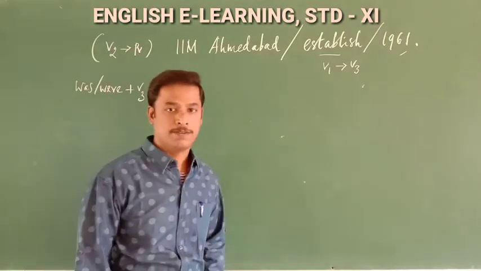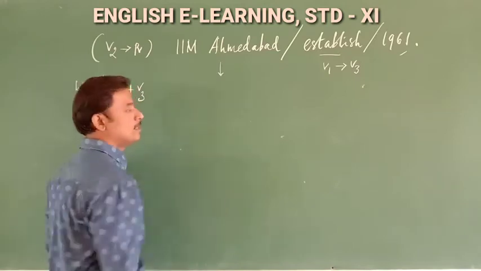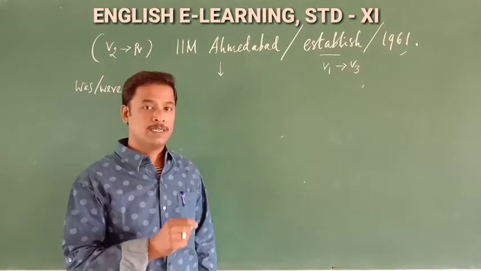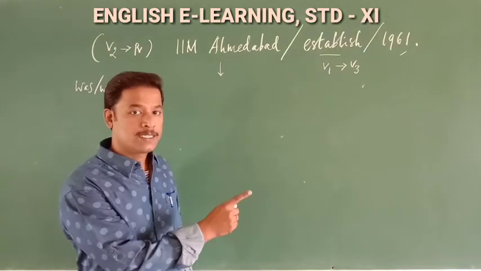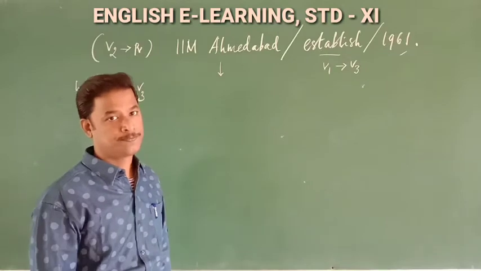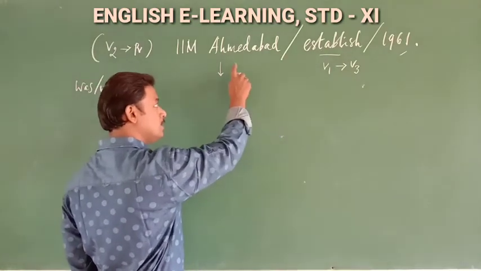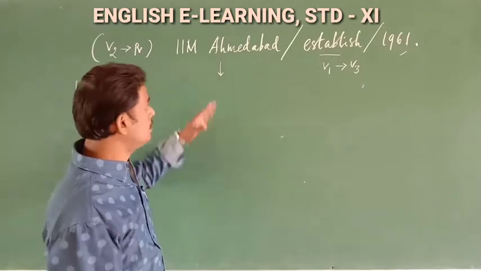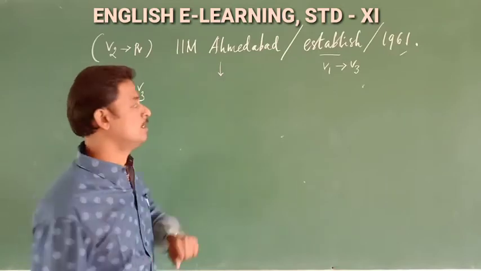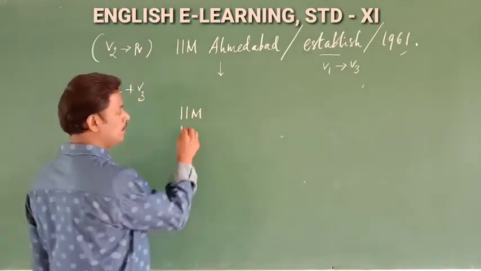Write the subject, and before that analyze this sentence whether the subject does the action or the action is done to the subject. Okay, this action is done to the subject. Now this IIM, this subject is going to do this action, isn't it? Right. So we must apply the passive verb only.